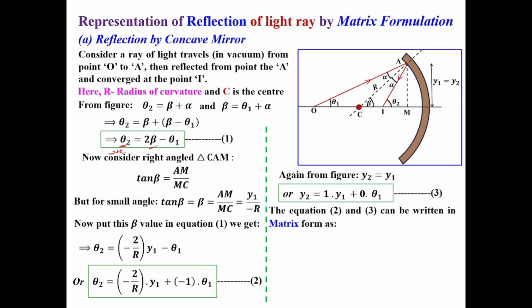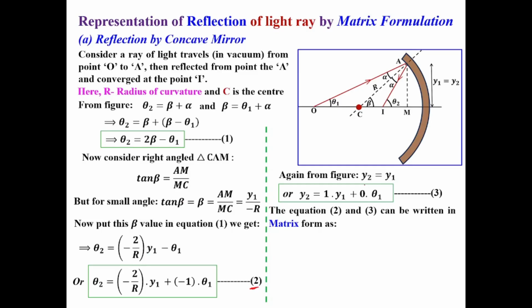Beta also traverses anti-clockwise, negative, and theta 1 also negative. So by taking the common factor negative, we can also get the same equation number 1. So I have not written those things over here. The anti-clockwise and clockwise convention we are going to discuss in our next topic, for the convex mirror. So here we found equation number 2.